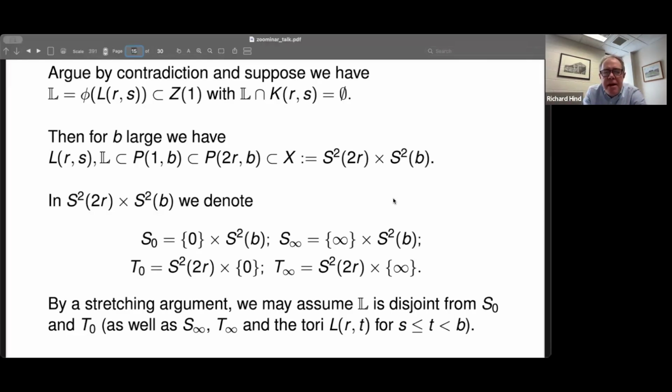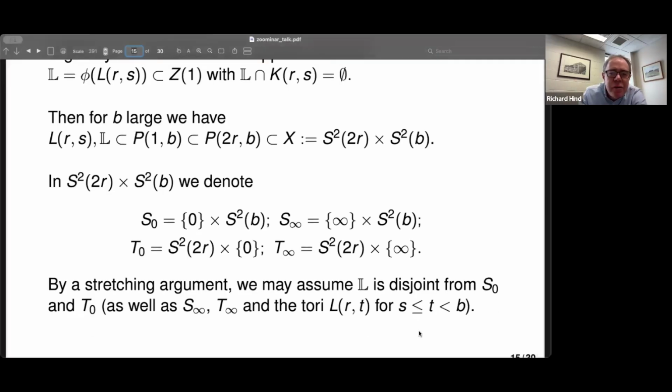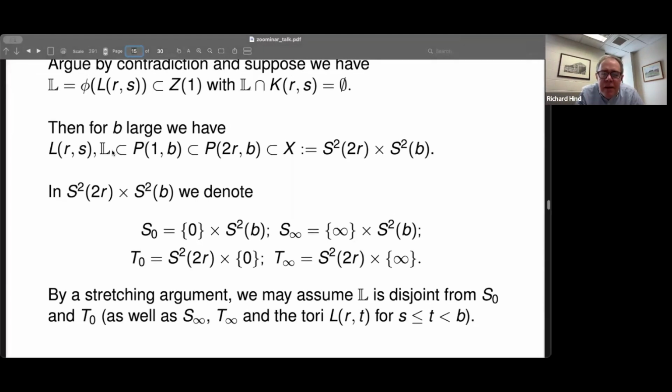Then in the S2 times S2, I'm labeling the axes: S0, S infinity, T0, T infinity. For sure, because I'm adding them on in the compactification, the Lagrangians are disjoint from the S infinity and the T infinity.